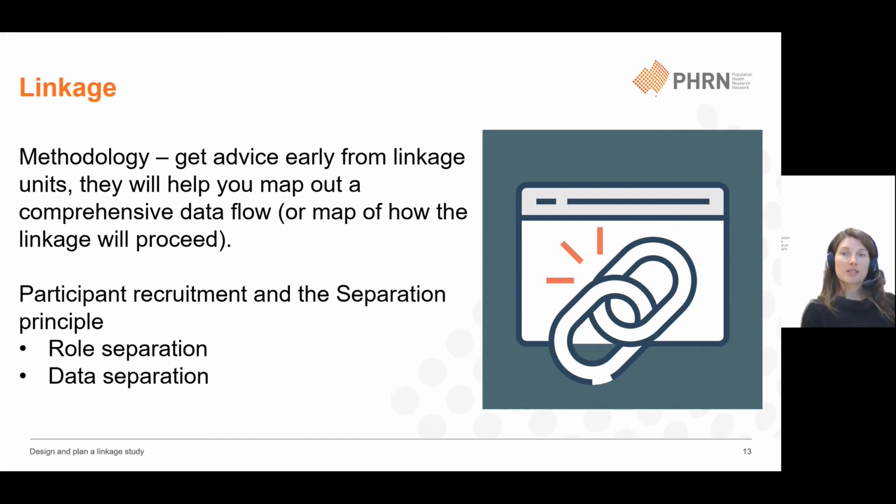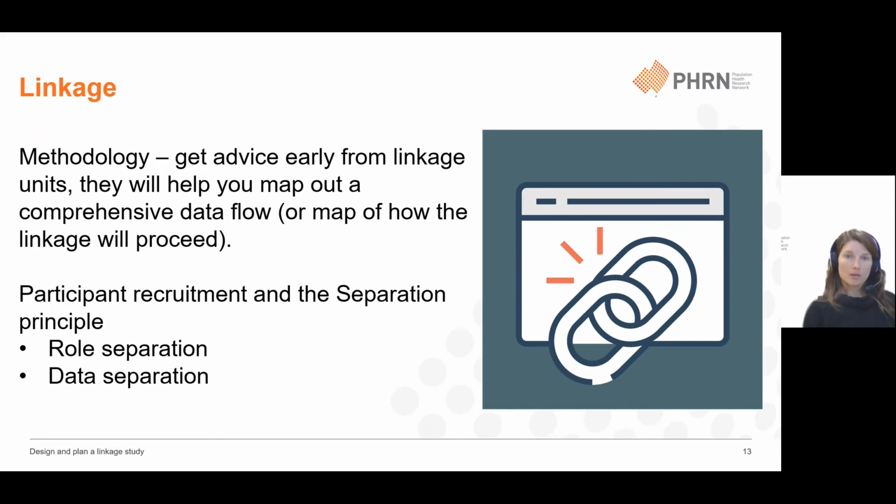If you're recruiting participants for your study and you want to link to their administrative records, you will need to be able to explain concepts such as data separation and role separation as they apply to your project in your application for linked data.